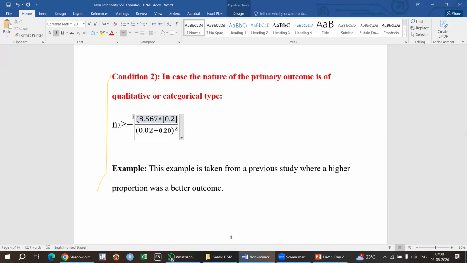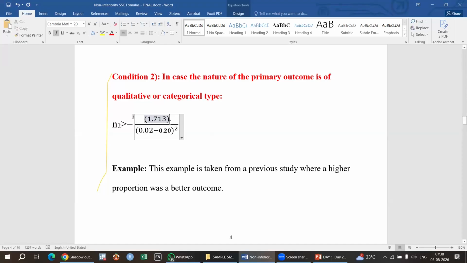It is coming 0.2. Please multiply 8.567 by 0.2, and give me the answer. Yes, very good. 1.713.